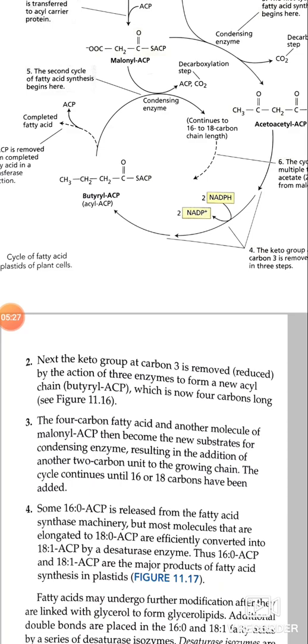Fatty acids may undergo further modifications after they are linked with glycerol to form glycerolipids. Additional double bonds are placed in the 16:0 and 18:1 fatty acids by a series of desaturase isozymes.